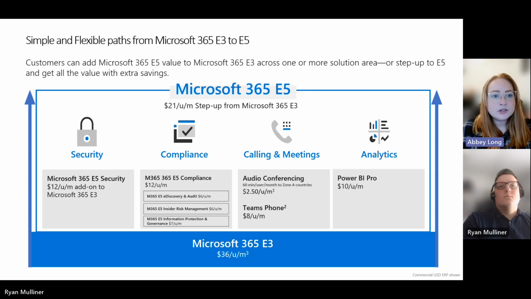So when it comes to actually adding on these E5 components, as Ryan mentioned, they can be added individually or as the entire suite. When you're looking at the costing for this, the overall step up from E3 to E5 is $21.